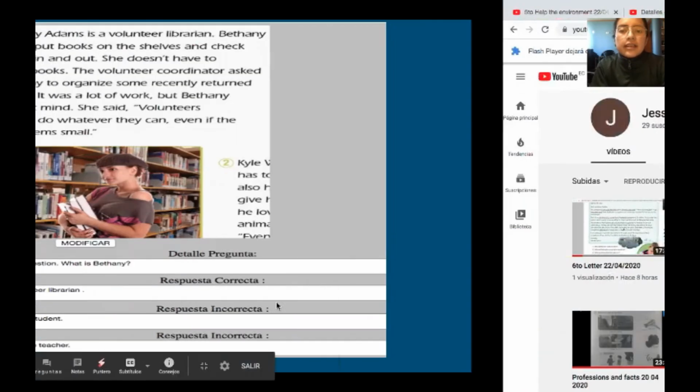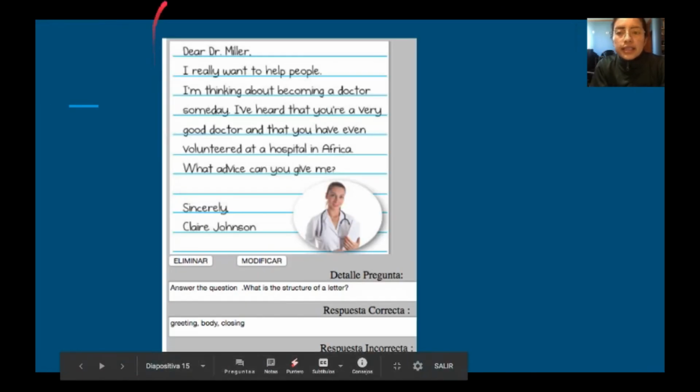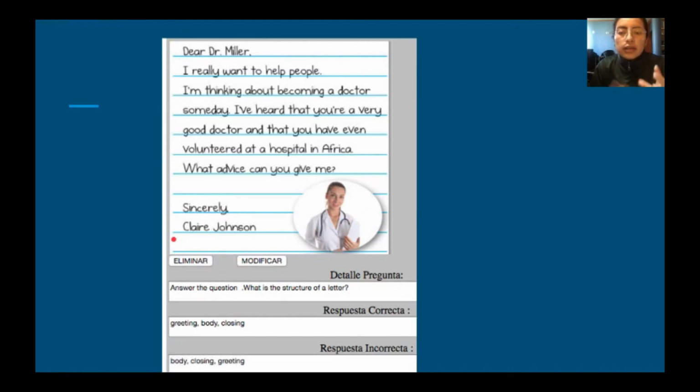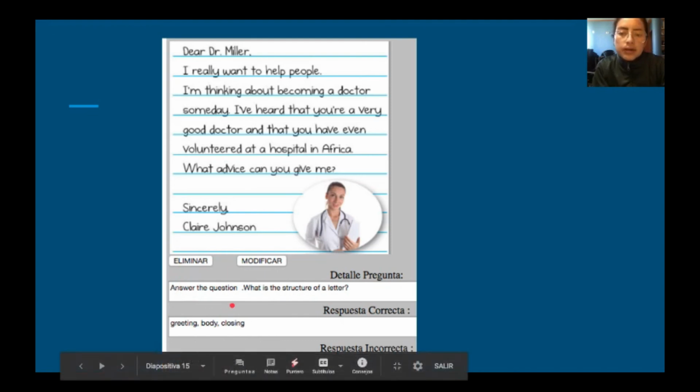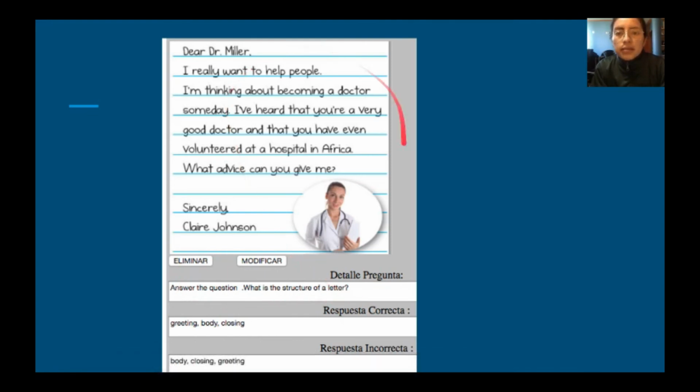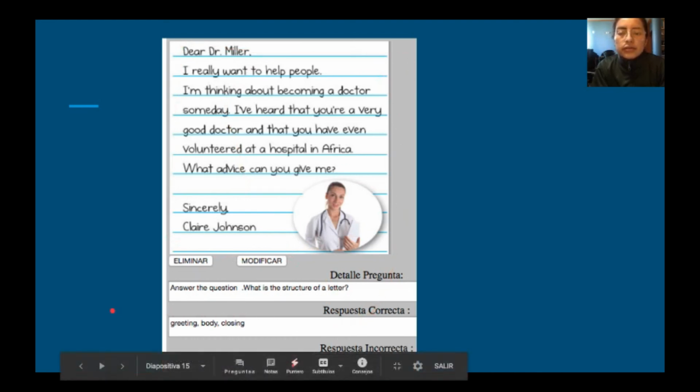Excellent. Okay. In this case, you have a letter, and you have to choose or answer the question about what is the structure of a letter. Please read the structure carefully and select the correct option.